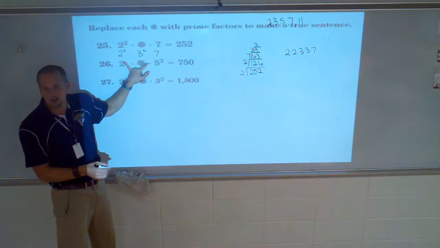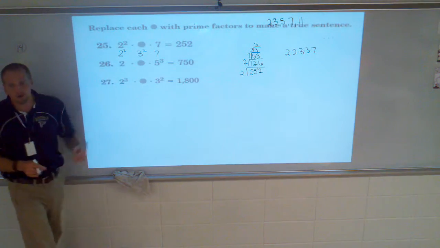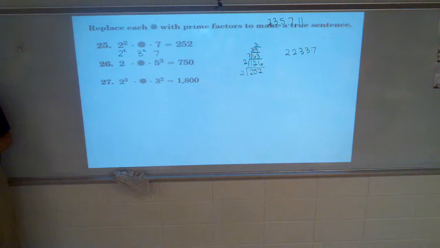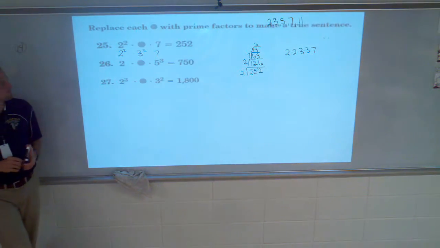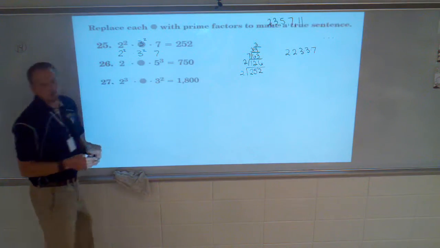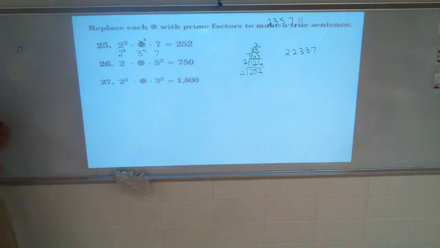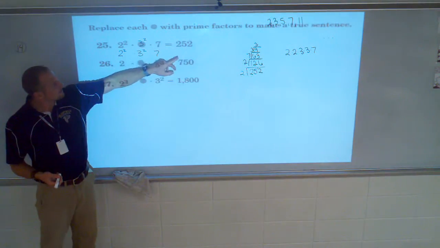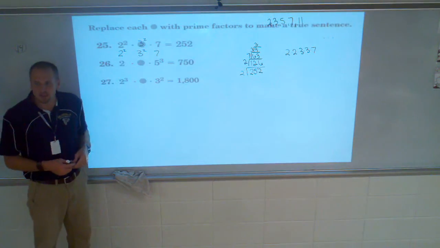Everybody sees that? Okay, so what do I need to put in that dot? Everybody look, everybody see it? Griffin, what do I need to put in that dot? 3 to the second. Alright? So, when you have to fill in the dot, just do the prime factorization and then fill it in.